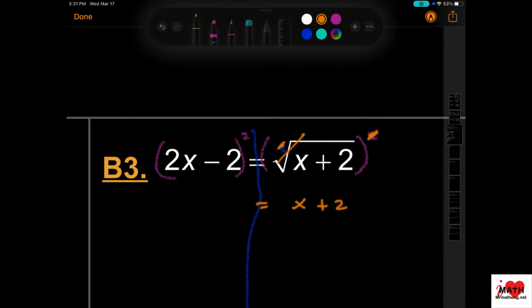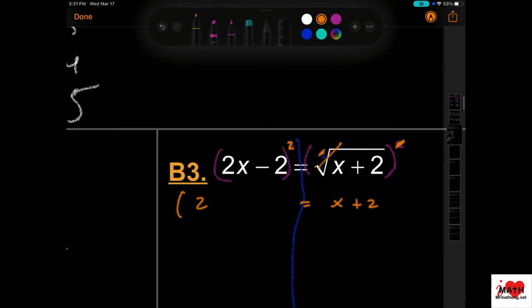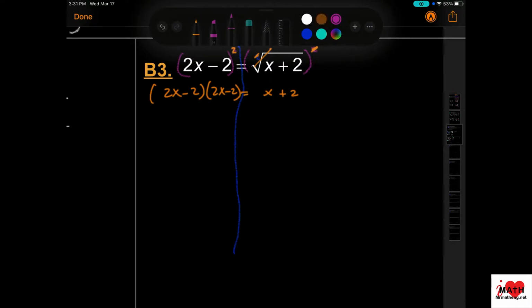And on the other side now, be careful. You cannot distribute that orange 2 there, the exponent. Okay, it just means that you have 2 of them. And if you have 2 of them, then you're going to have to do what we learned back in first semester, the box.